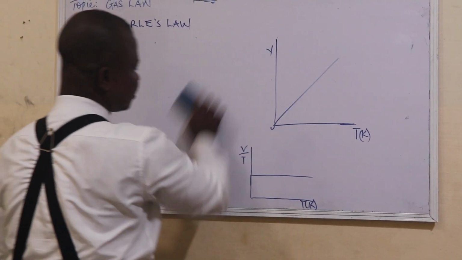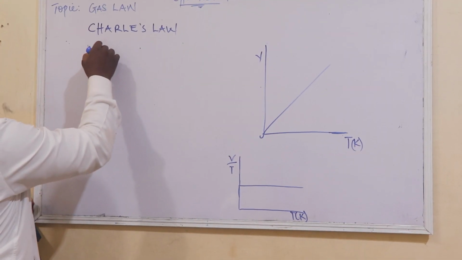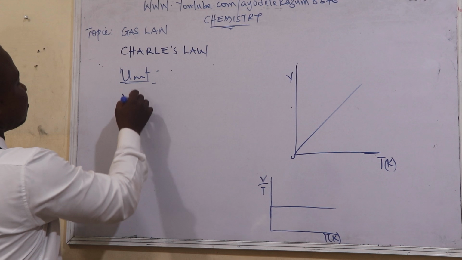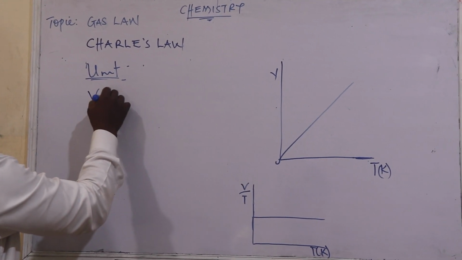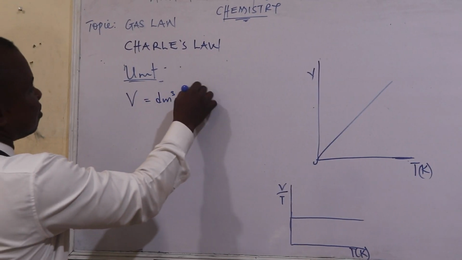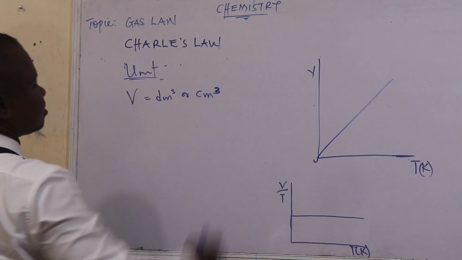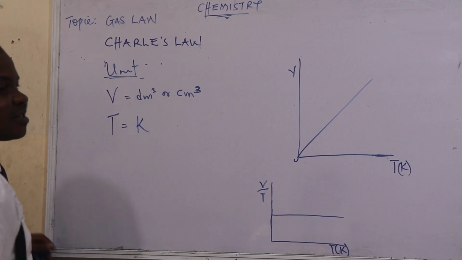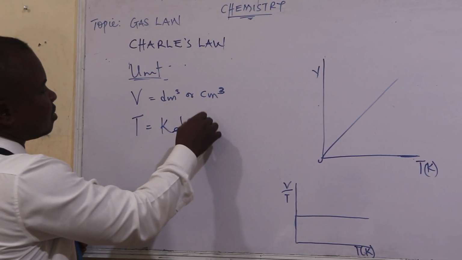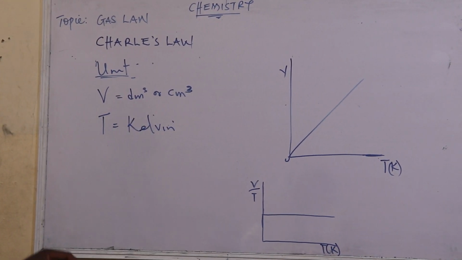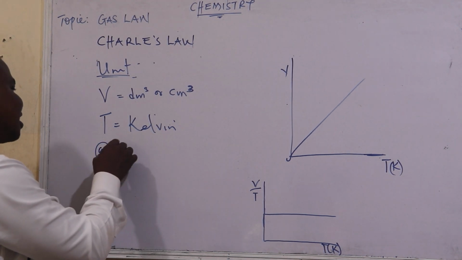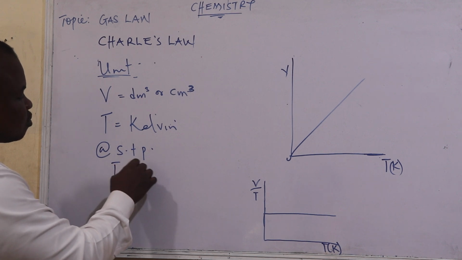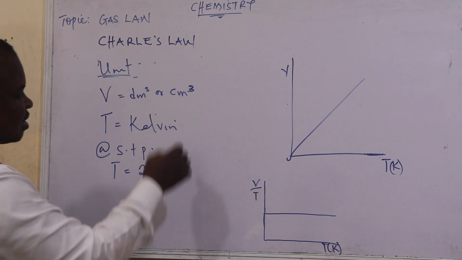Now, Charles' law has its standard units. What are the units in Charles' law? We have volume. Volume is either dm3 or cm3, while temperature is Kelvin. Okay, temperature is what? Kelvin. Now at STP, my temperature is 273 Kelvin.